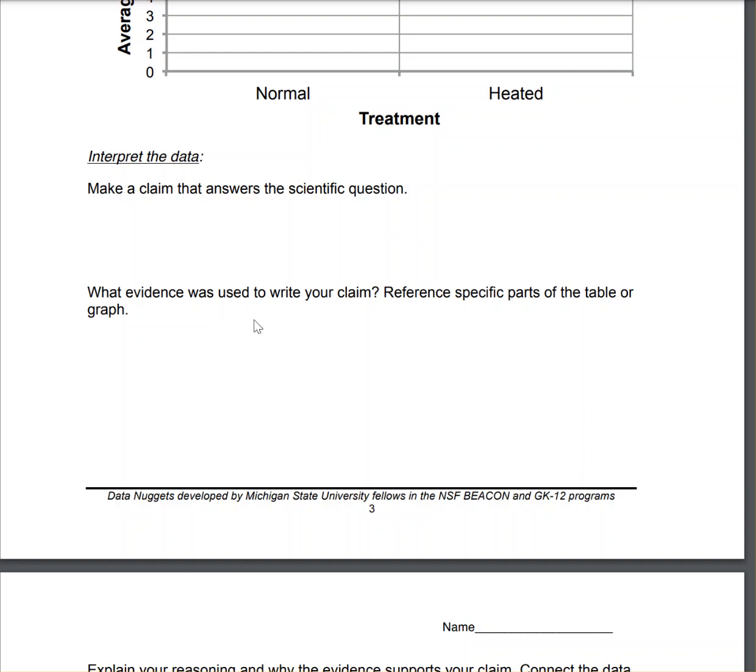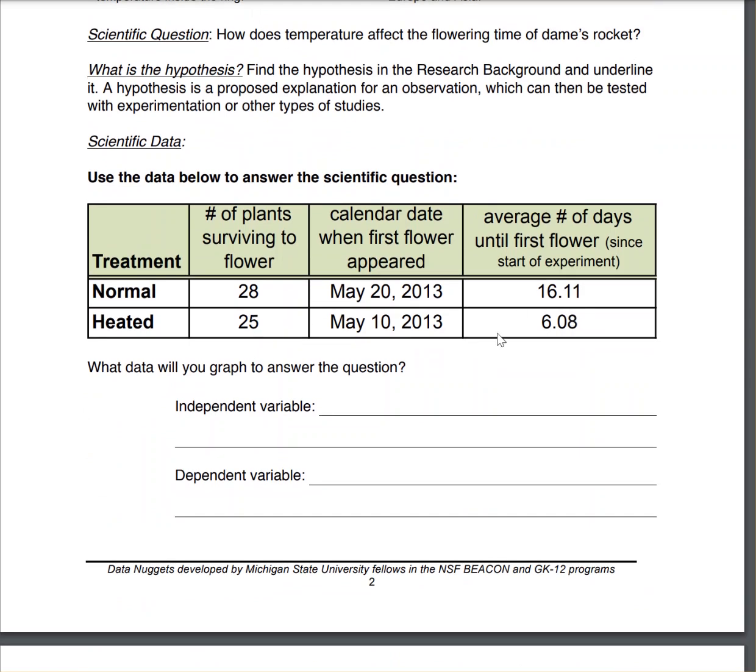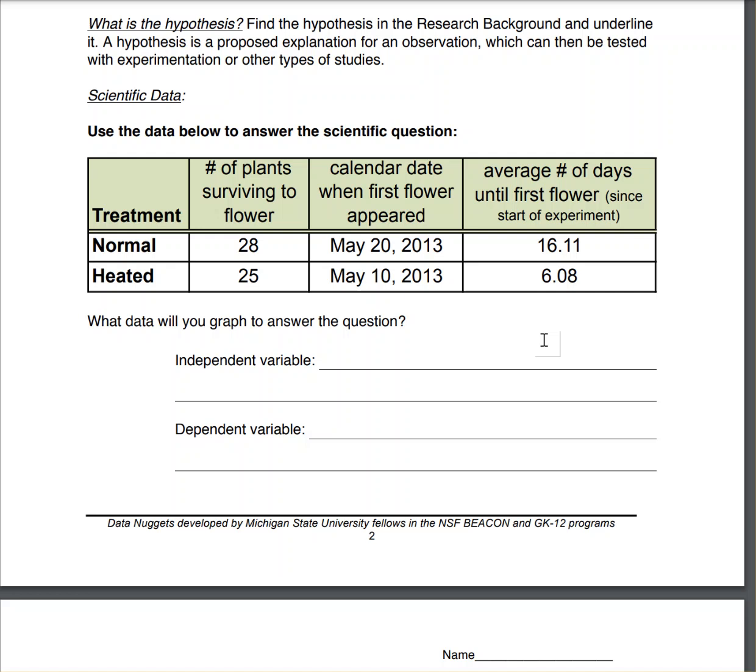See, next it says, what evidence was used to write your claim? Reference specific parts of the table or the graph. So you need to go back and you need to explain. Well, it makes it flower faster because we can see that it only took 6 days for the heated plants to flower, but it took 16 days for the normal ones. So that shows a big difference, a big speed increase in the heated plants.